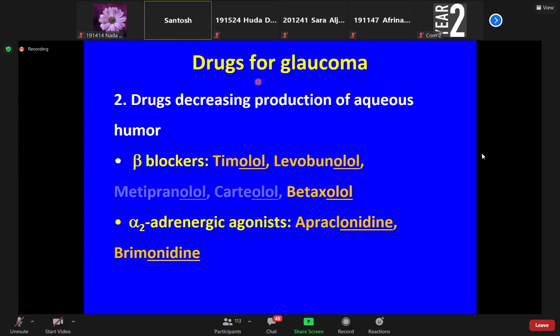But on the questions which were more mechanistic and conceptual, the performance was not that good. So try to memorize things this time, because based on your performance, I've tried to put things which are more direct and recall.